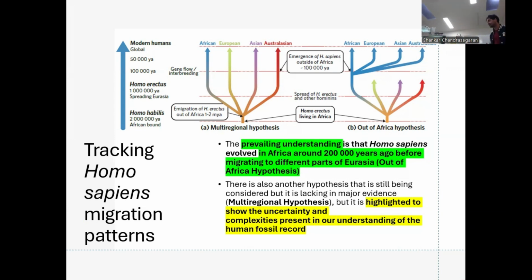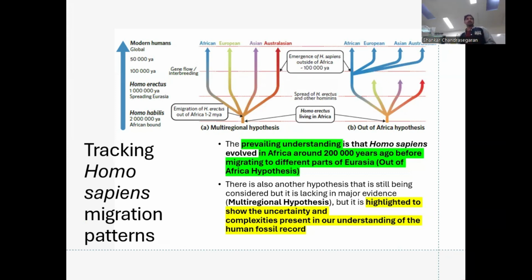Remember that in science, when we call something a theory, that is very well evidenced and very well supported. So we are not having any doubts about that. But when we're calling it a hypothesis, we are still trying to get more solid evidence to have a firmer foothold on that statement. Yes?